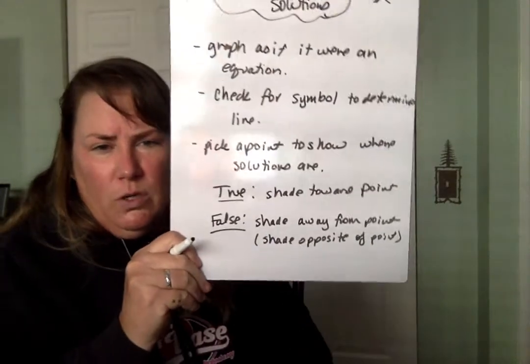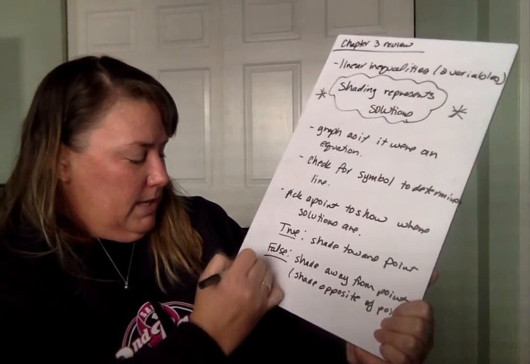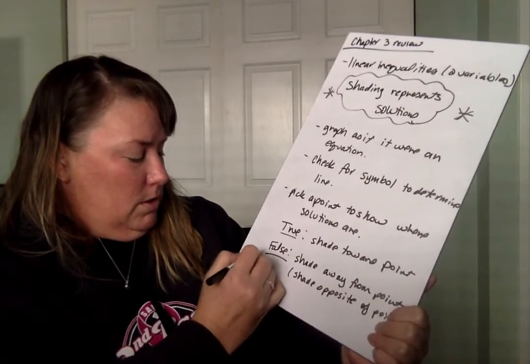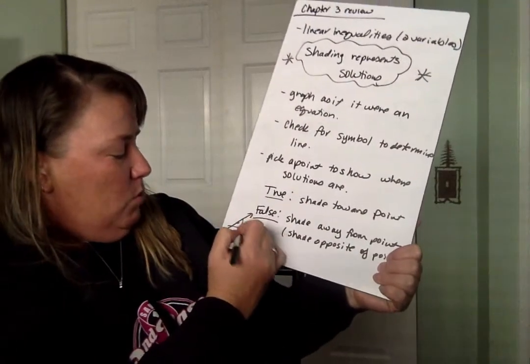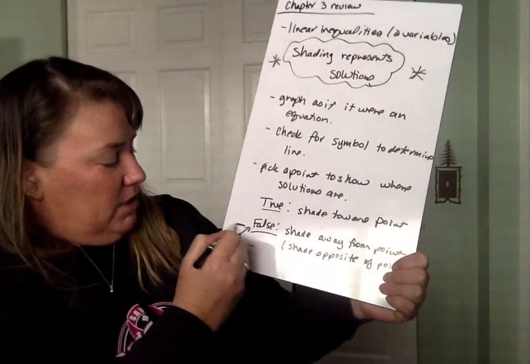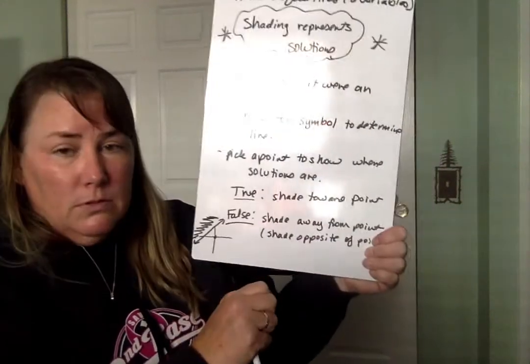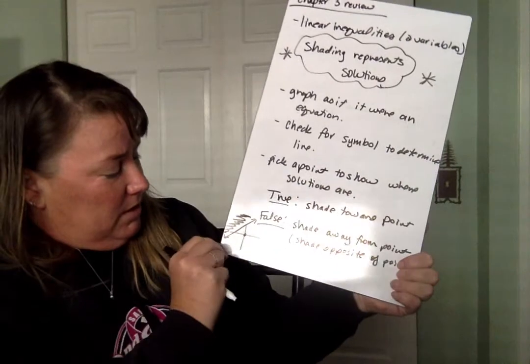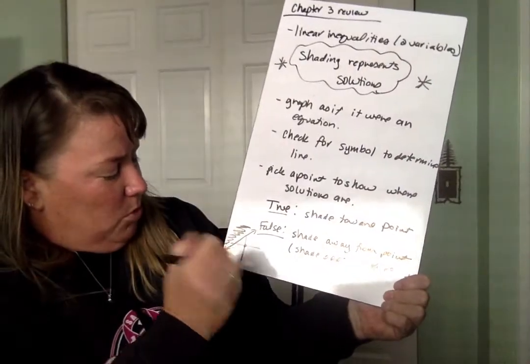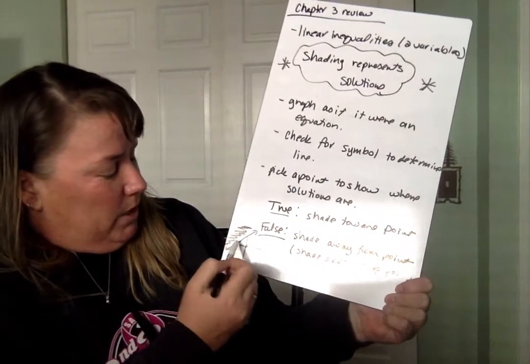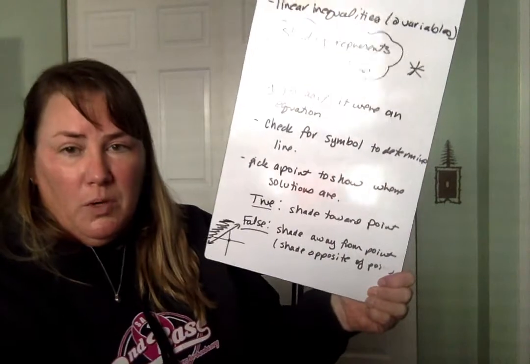It's your choice on your words. So for example, let's say this is your graph, and let's say you chose this point. If it's false, you're shading up here. So that's what I'm saying: shade the opposite side of the line, shade away from the point. If it's true, you're going to shade toward the point. Shading toward the point is you're going to actually shade with the point.